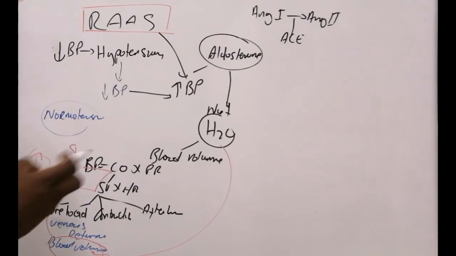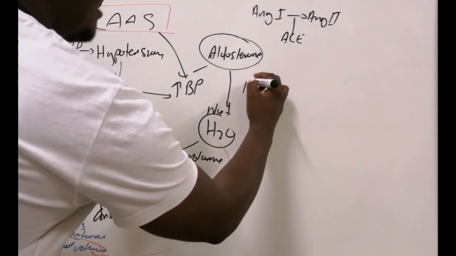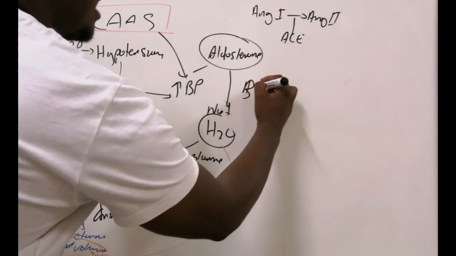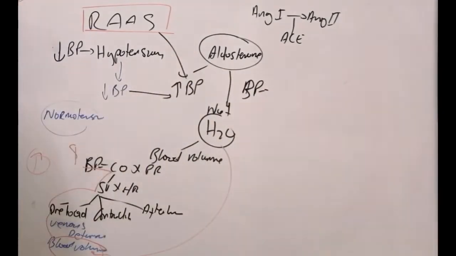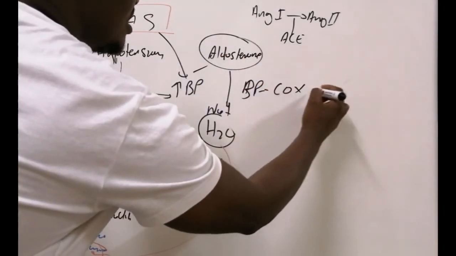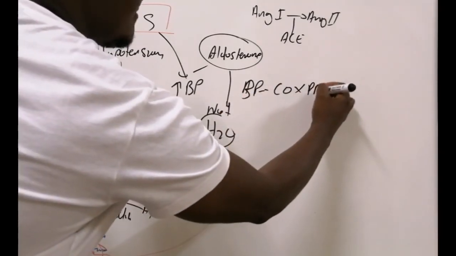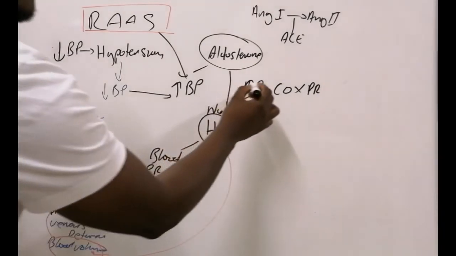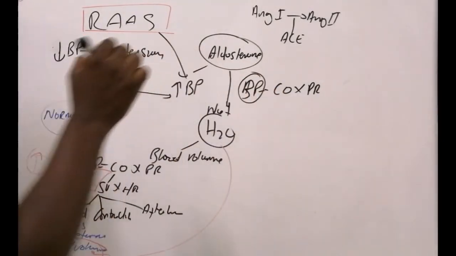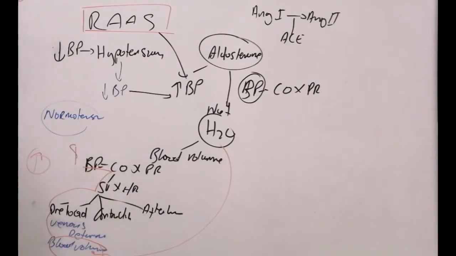A patient who has hypertension has a chronically elevated blood pressure, because we all know that BP equals cardiac output multiplied by peripheral resistance.